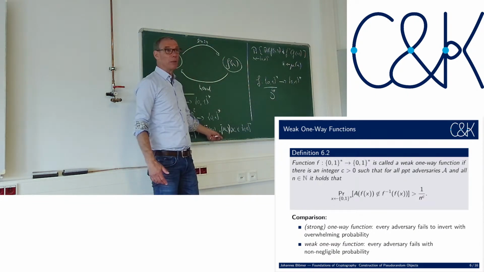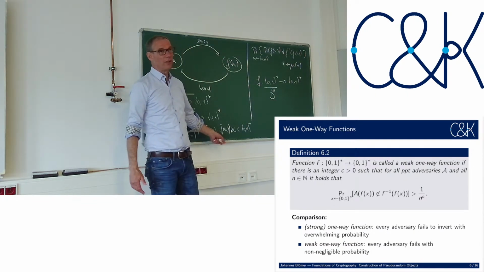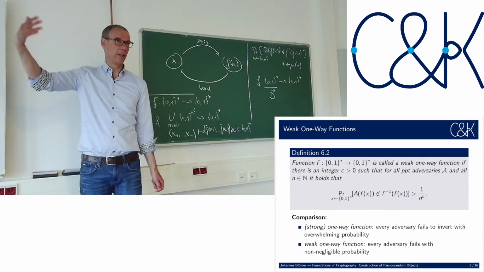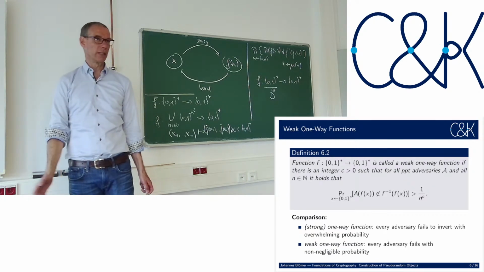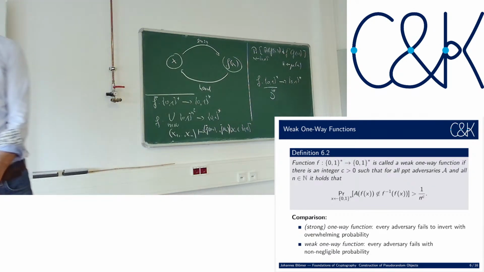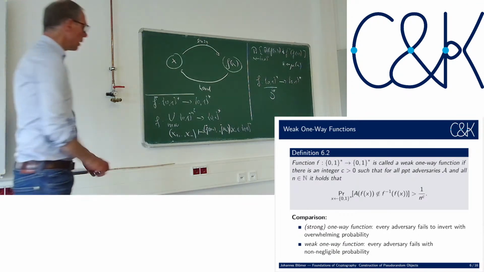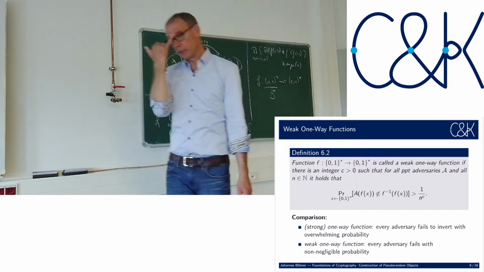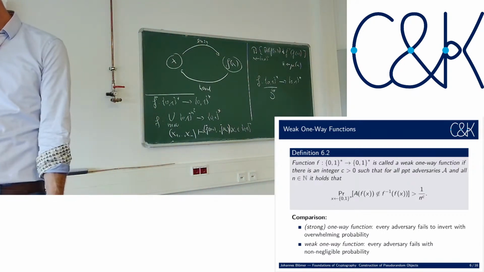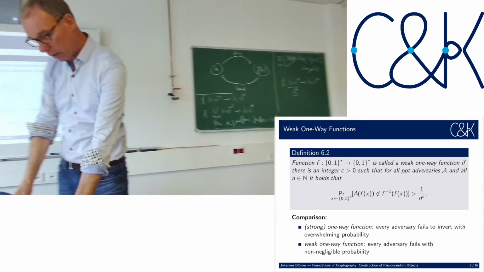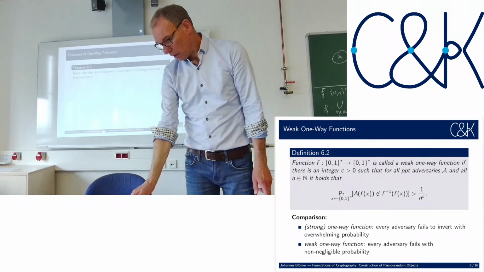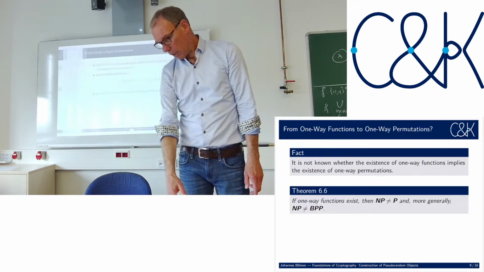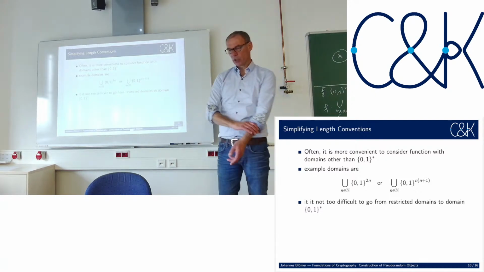If you are given enough images, you will fail if you have a significant probability of failing at at least one position. To make this formal is a little bit more difficult, but that's actually the main idea behind this.